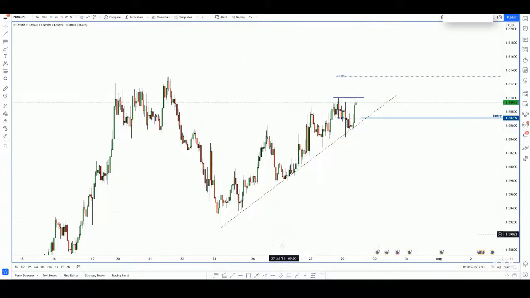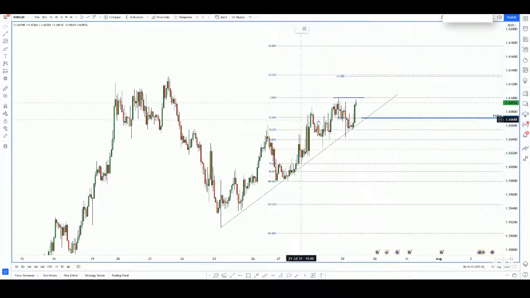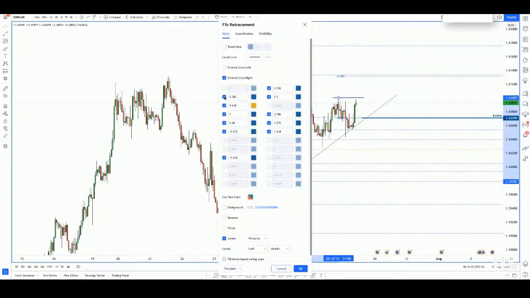Alright, so if you take the whole completed movement, from this low all the way to this swing high, you open all Fibonacci ratios, right? You see that this 50% finds confluence with the previous 23.6.